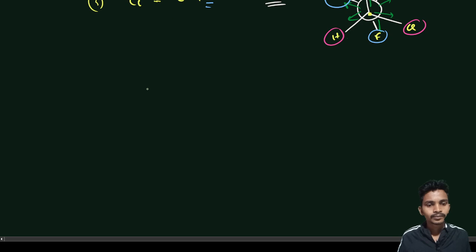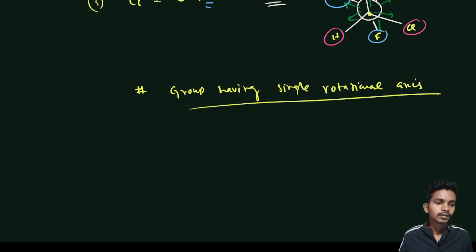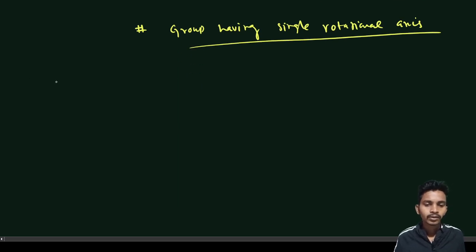So now that is groups having a single rotational axis. So what are the groups? Let's talk.